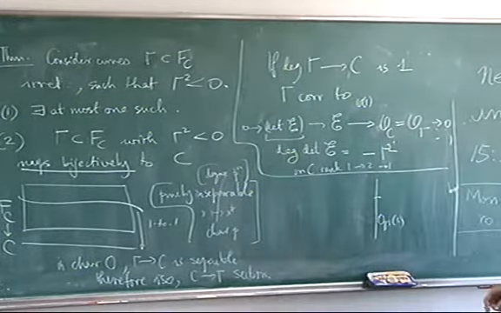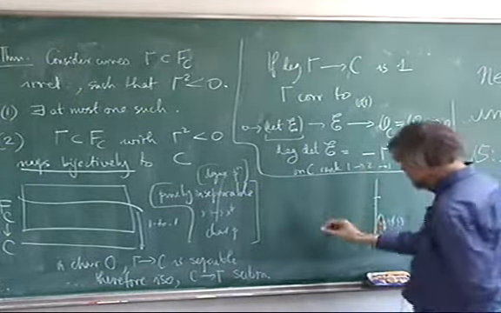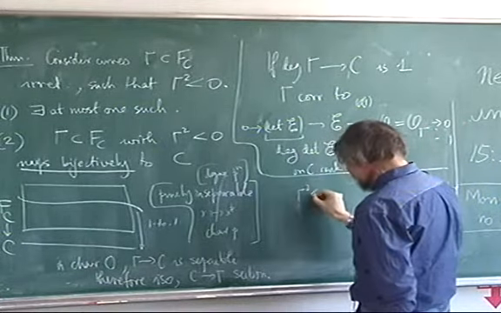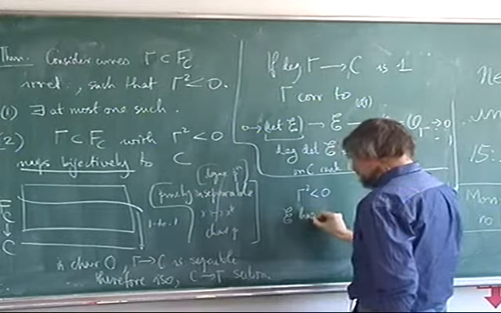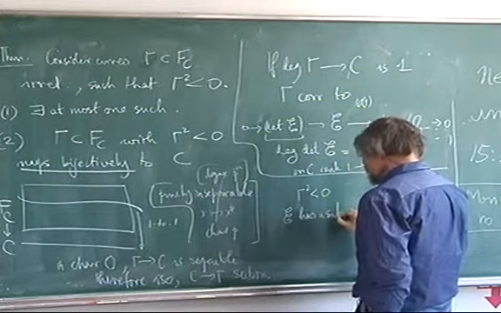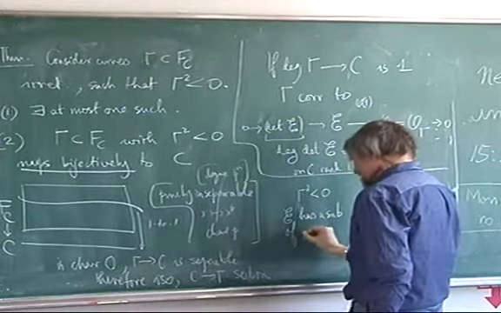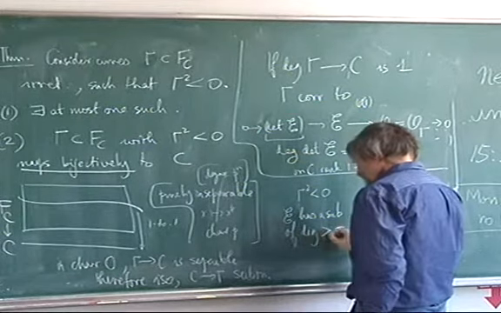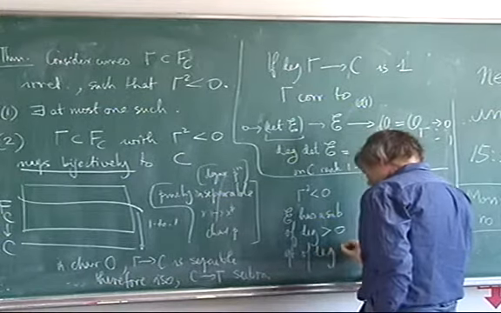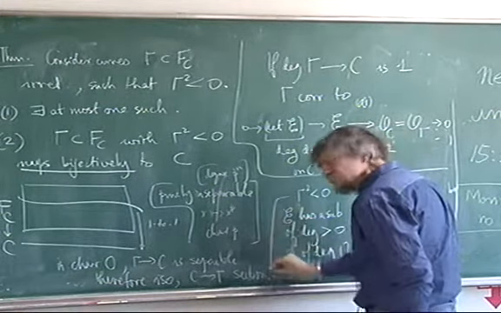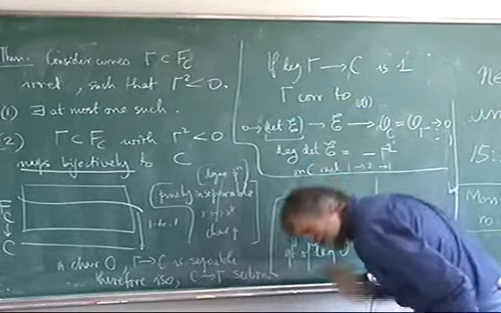Now I understand. Right. But the point is that the assumption that gamma squared is less than 0 says that E has a subbundle of positive degree with quotient of degree 0. So this is unstable.